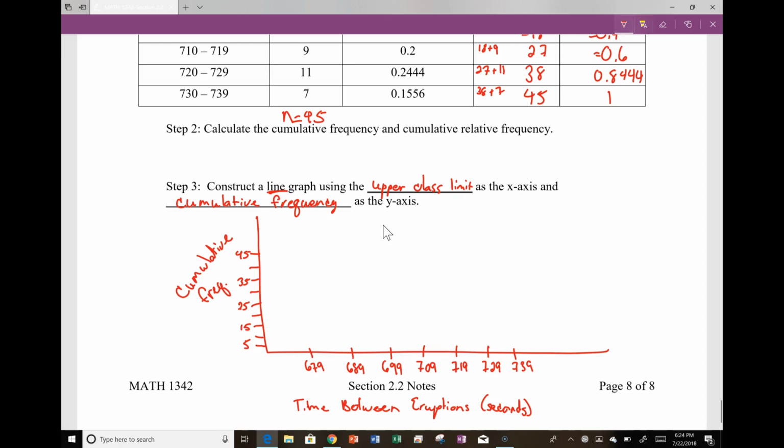It just makes it a little bit more difficult to actually draw the line, because at 679 I was at 2 for my cumulative frequency. At 689 I was again at 2.